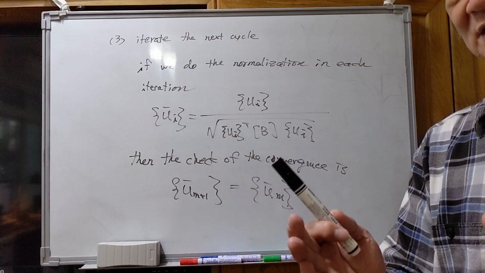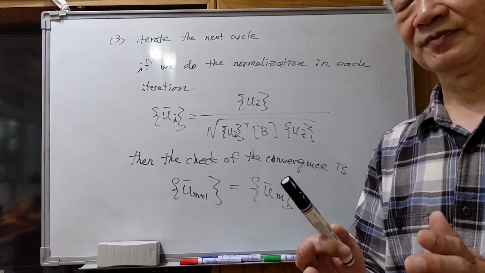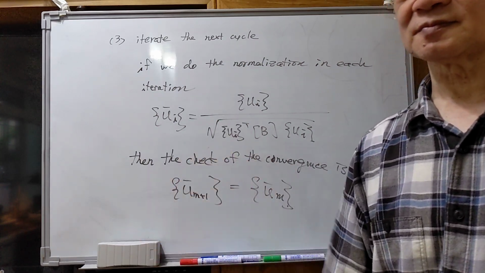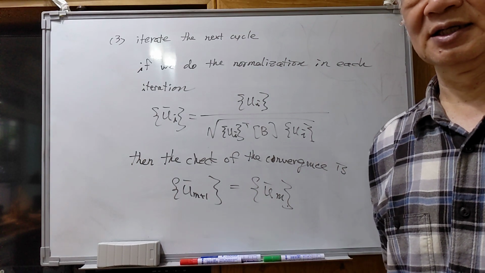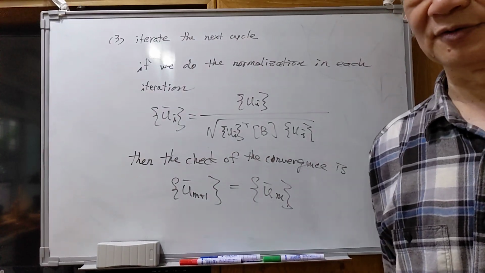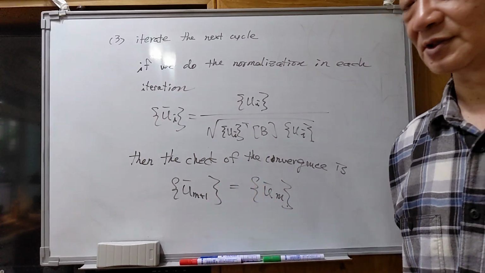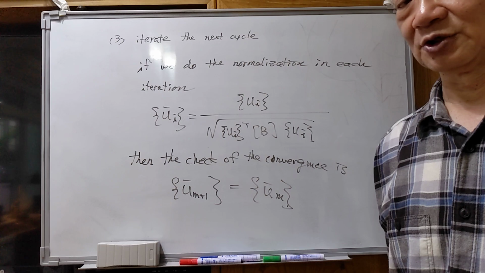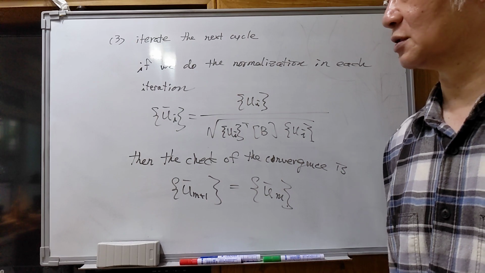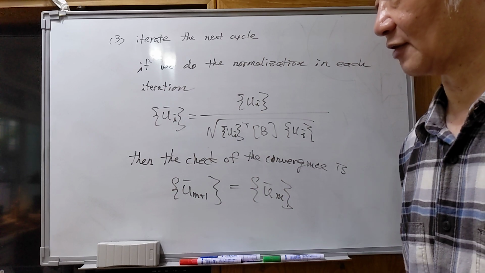Okay, then the newly obtained vector from the iterations will be the same as the obtained U bar vector from the previous iterations. If these two vectors are almost the same, then you can terminate the iterations, so you can get the approximate solution for the eigenvector.